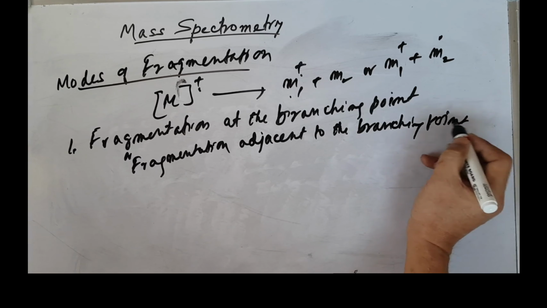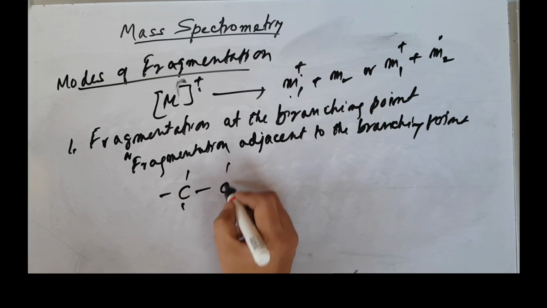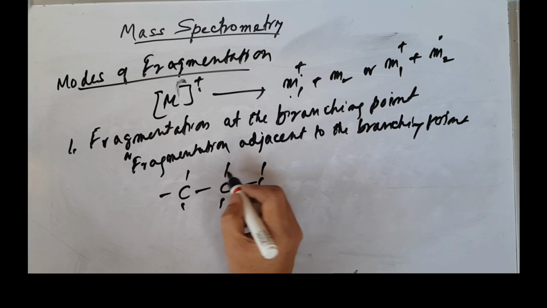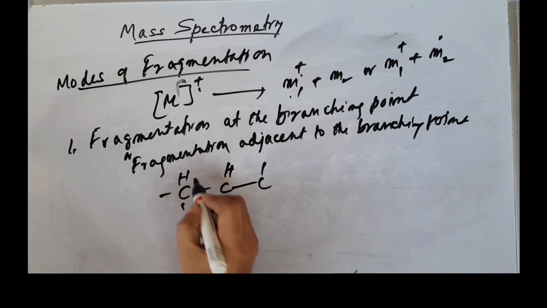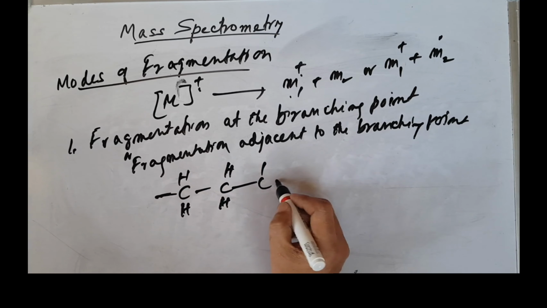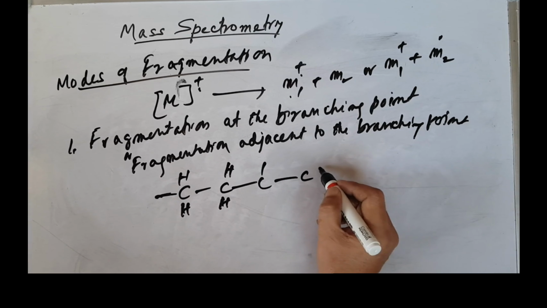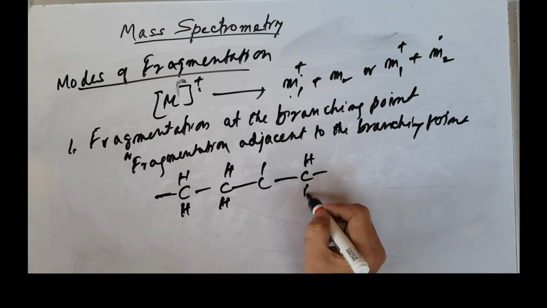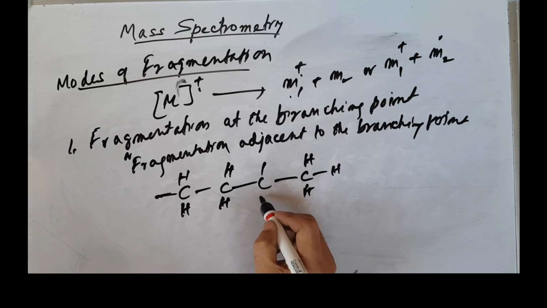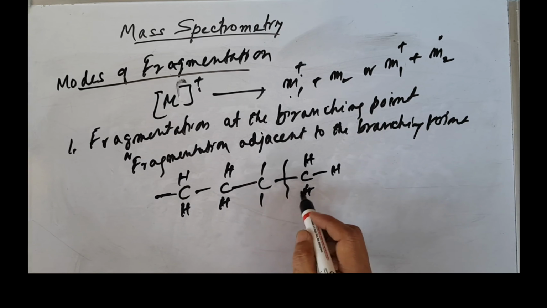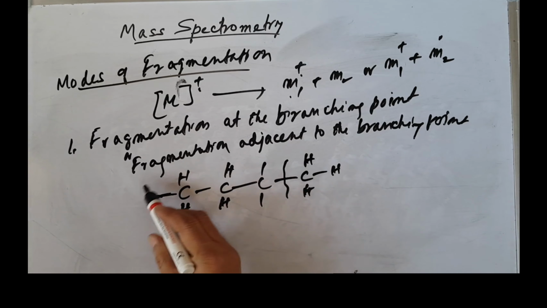Generally, let's say this compound, with hydrogen here, some other branching point here, and then another hydrogen like this. Then fragmentation takes place here only, not here, because fragmentation generally takes place at the higher branching point.